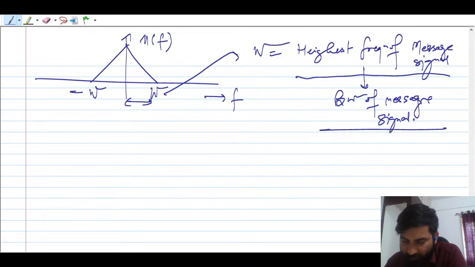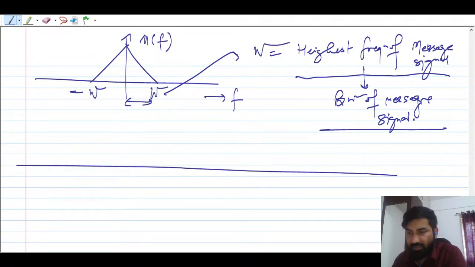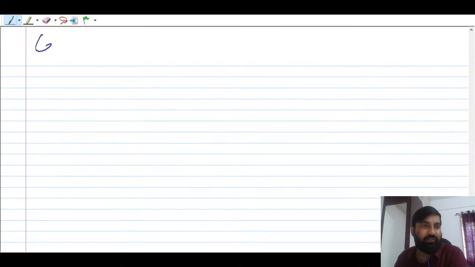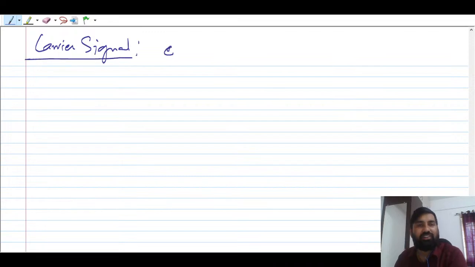Now you can consider the carrier signal. Carrier signal is nothing but c(t), we will denote it c(t). These are the notations that you can use. Message signal m(t) has different synonyms, different names, and the message signal will always have low frequency. There is a reason I have told you.